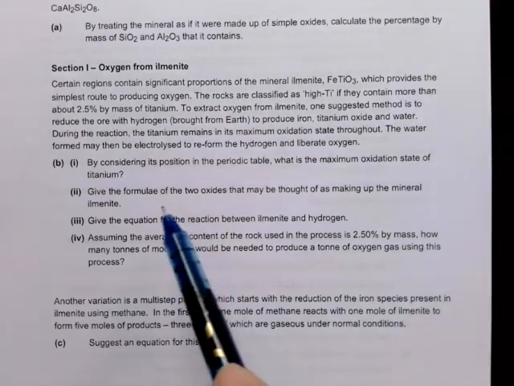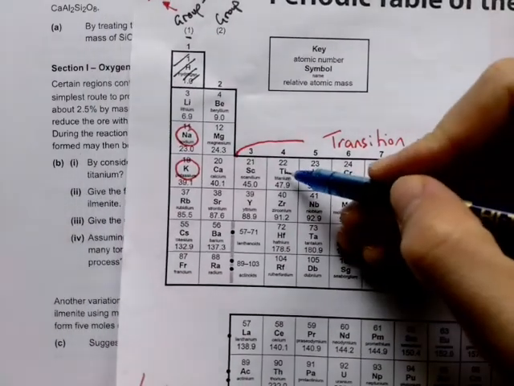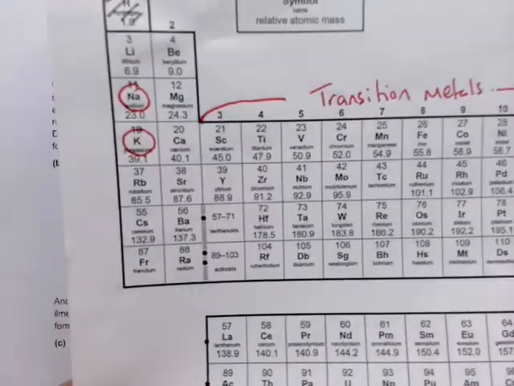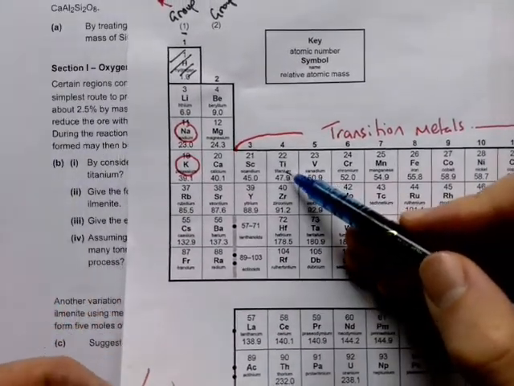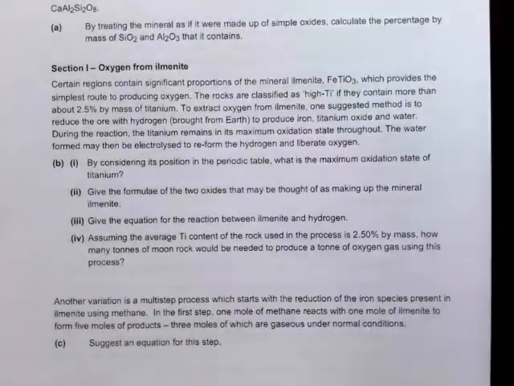Okay, so by considering its position in the periodic table, what is the maximum oxidation state of titanium? So you should be thinking about oxidation in terms of loss of electrons, and here's titanium, so you should be able to have a good go thinking about, well, how many electrons is that like? What's the maximum number of electrons that's likely to be able to lose? Okay.